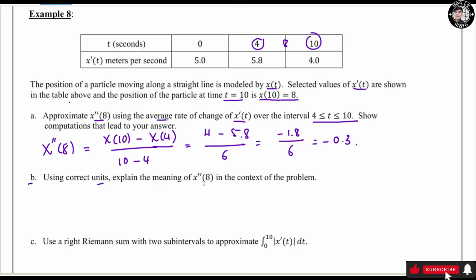Explain the meaning of s double prime of 8 in the context of the problem. So we need to say that the rate of change of the position of the particle is decreasing by 0.3 meters per second squared at time t equals 8 seconds.